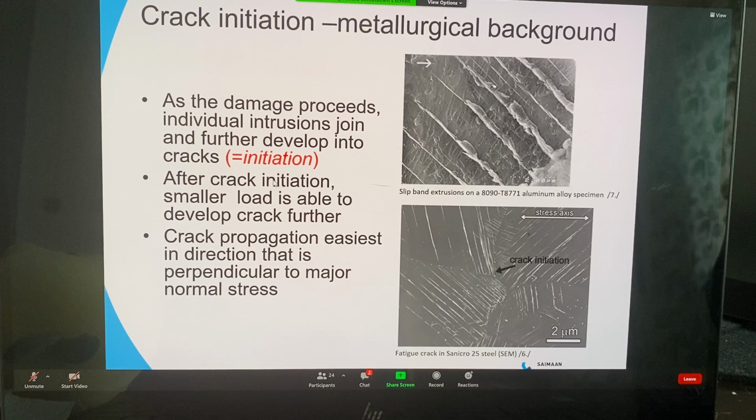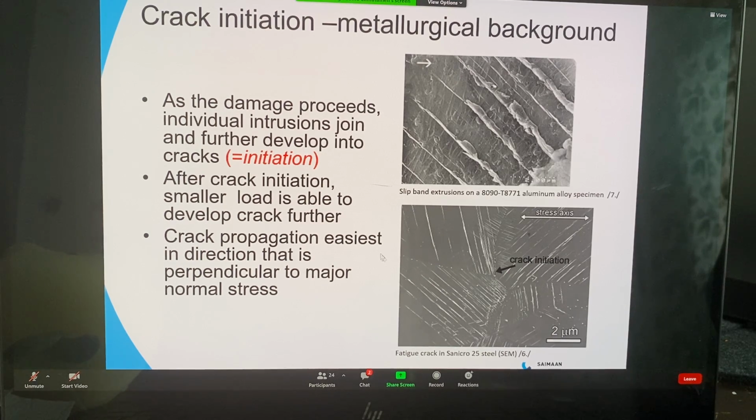And the thing that Jaakko asked is here that after the crack has been initiated, also a smaller load is then able to develop the crack further. So even when we have the crack available, those loads that before the crack wouldn't have caused the initiation, after the crack formation, these smaller loads will make the crack to grow.